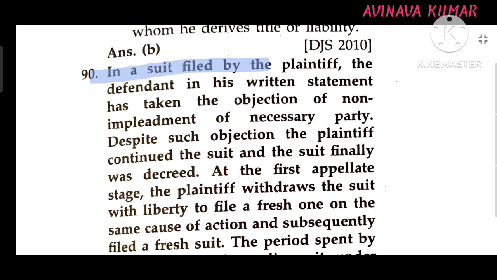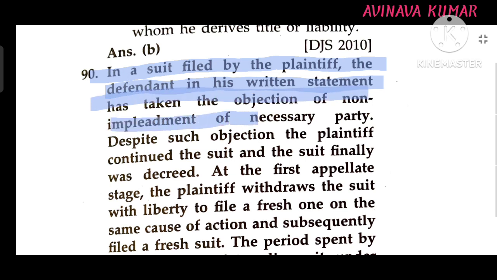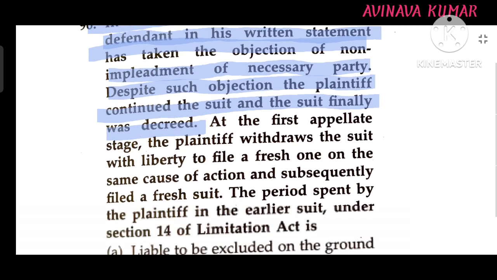In a suit filed by the plaintiff, the defendant in his written statement has taken an objection of non-impleadment of a necessary party. Despite such objection, the plaintiff continued the suit and the suit was finally decreed.